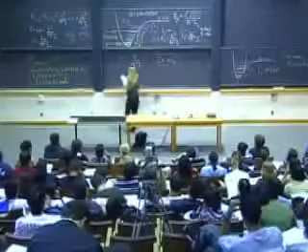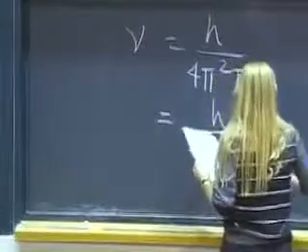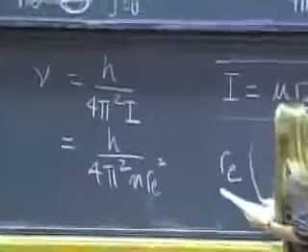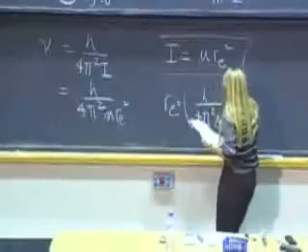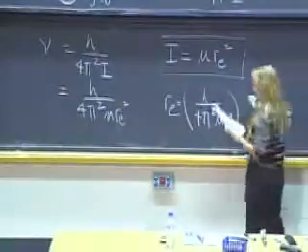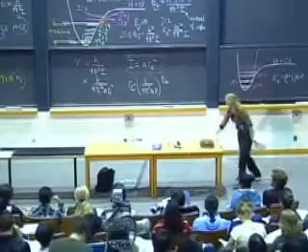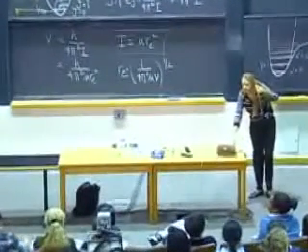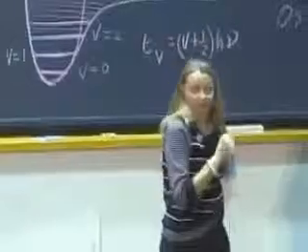So you can see if I substitute that in there, h over 4 pi squared times mu r sub e squared, and then I solve for r sub e, r sub e is h over 4 pi squared mu times nu to the 1/2. In the case of HCl, if I stick in the value for nu, the equilibrium bond length is 1.2748 times 10 to the minus 10 meters.